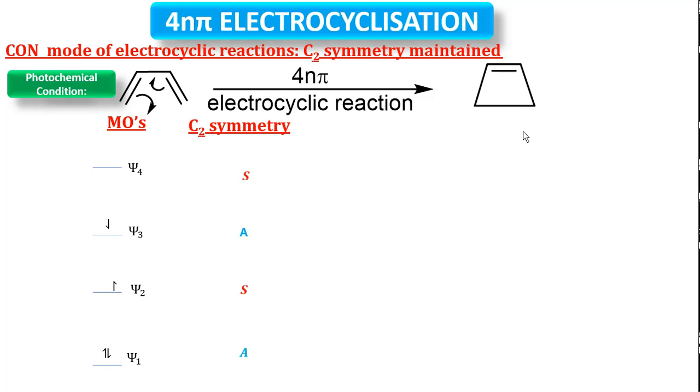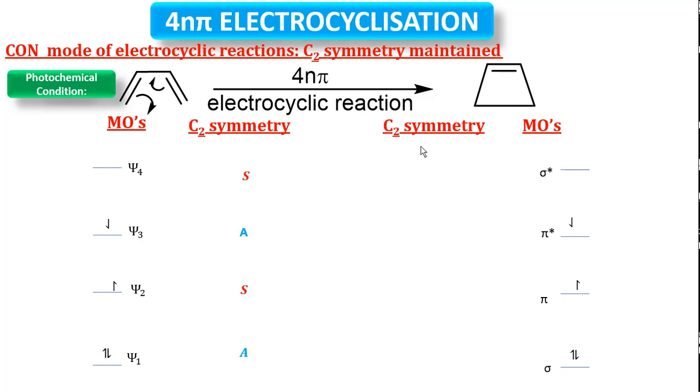Come to the molecular orbitals of the products: sigma, pi, pi star and sigma star. Now C2 symmetry. Let's fill the electrons: the sigma orbital has 2 electrons, and 1 electron from the pi bond is promoted to the pi star orbital.